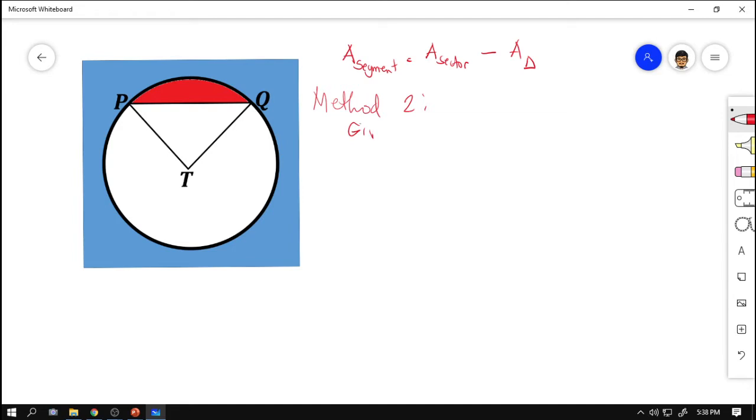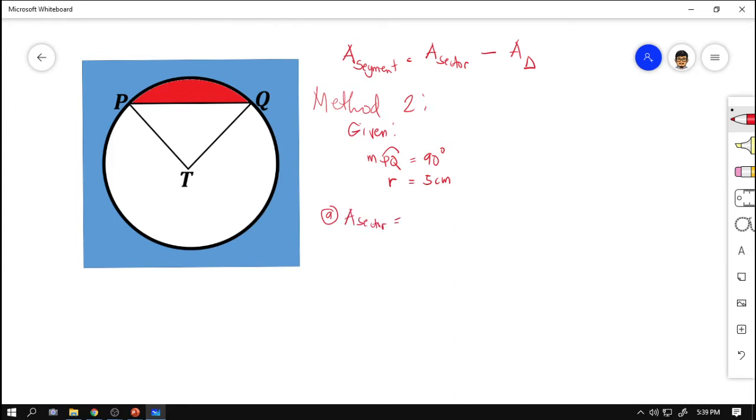So, we have the given that the measurement of arc PQ is 90 degrees and the measurement of radius TQ is 5 centimeters. Okay? Now, as for the second method, you will begin as well with finding the area of the sector.